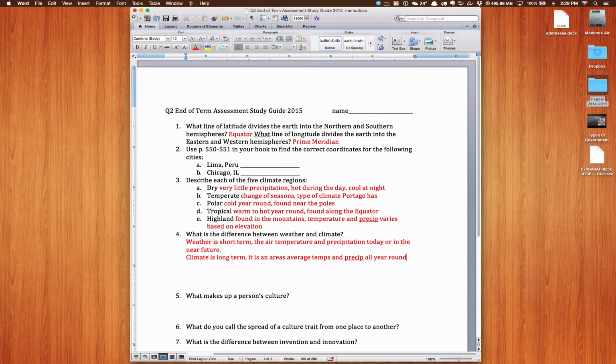So if you say that it's 27 degrees and sunny today, that would be an example of talking about the weather. If you say Portage has hot, humid summers and cold, snowy winters, that would be an example of climate.